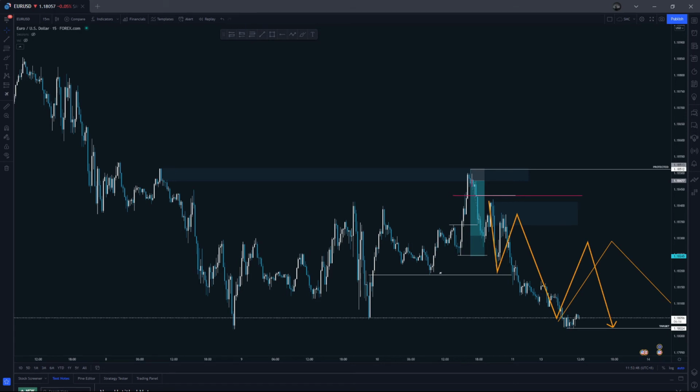And if you're wondering how I partial, credits to Mr. MentFX, one of my teachers. Let's say I have 5 lots open. I divide it by 2, so I close 2.5 lots. At this first partial, I basically close 50% of my position.